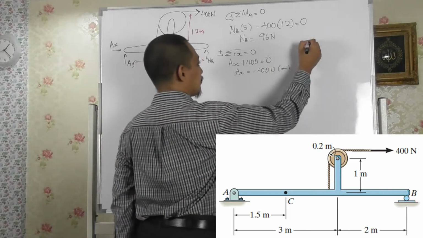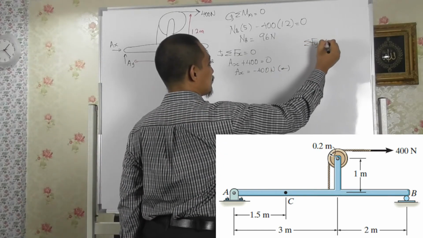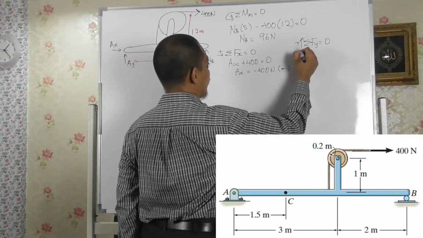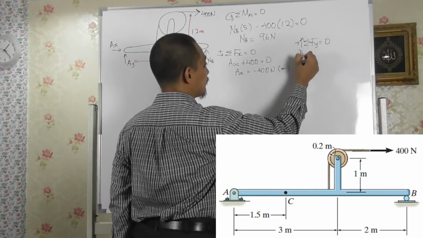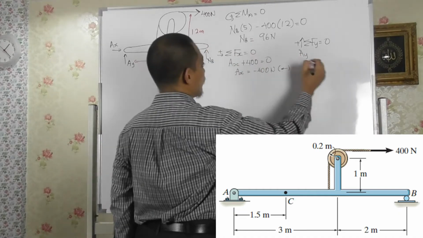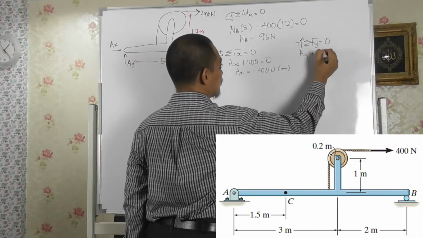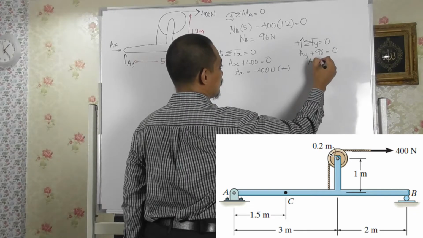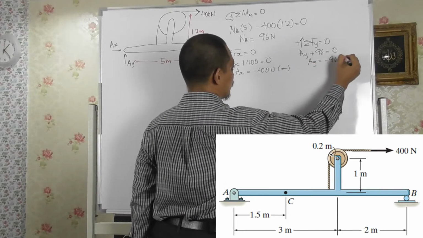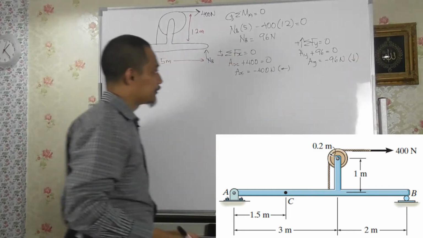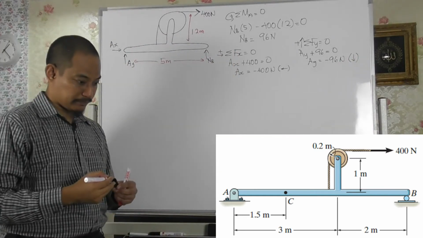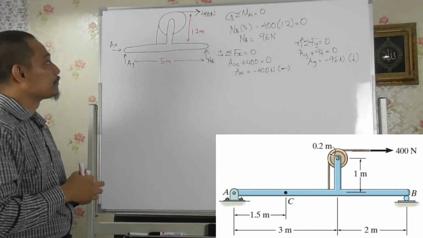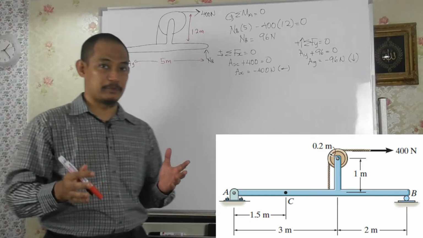And if you do summation of Fy equal to 0, going up as positive, so you have AY plus 96 equal to 0. So AY is actually negative 96 Newton, which is going down. So that is the support reaction.